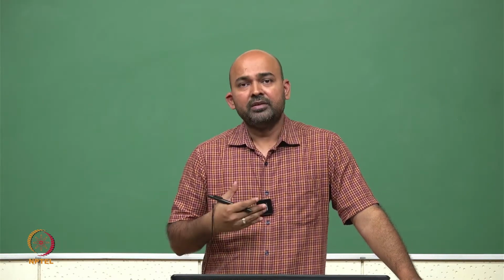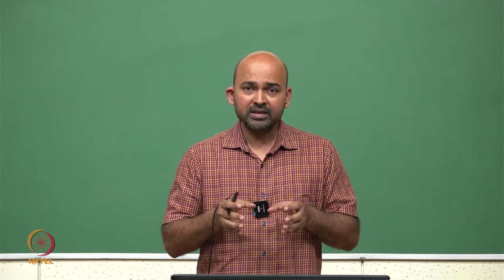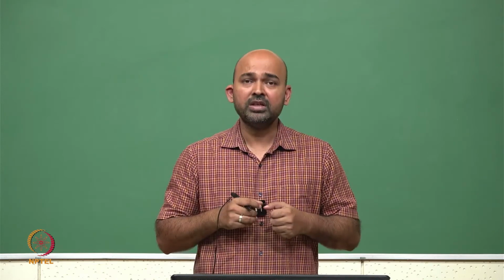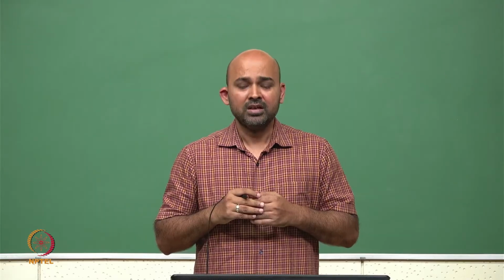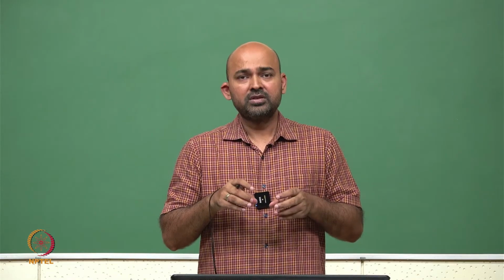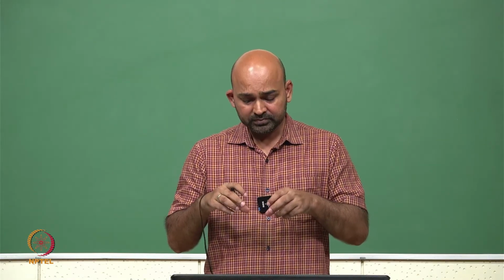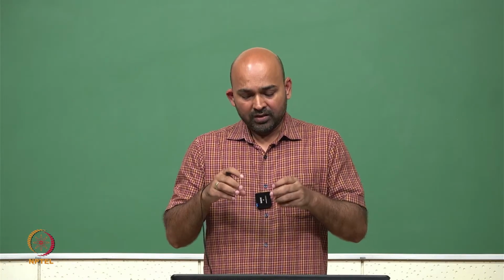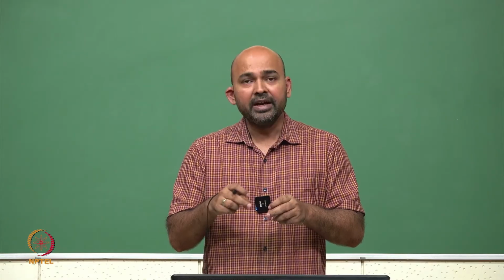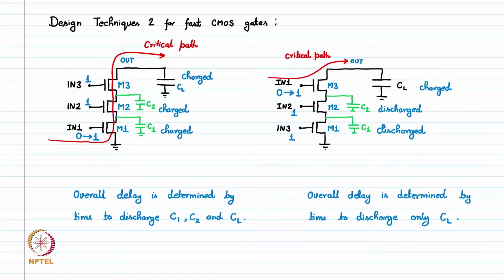Another technique we can think of is this: when we have these gates, for example, we are talking about 3 input gates, we can have 4 input gates as well, 4, 5 input gates. So, when we have these 3, 4 input gates, all these are connected to the previous stage. All these MOSFETs offer a capacitance to the previous stage, because this is gate capacitance.